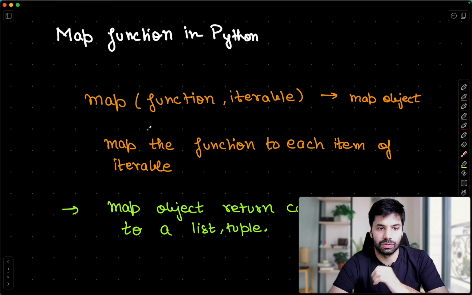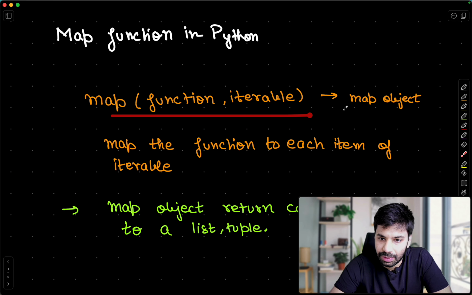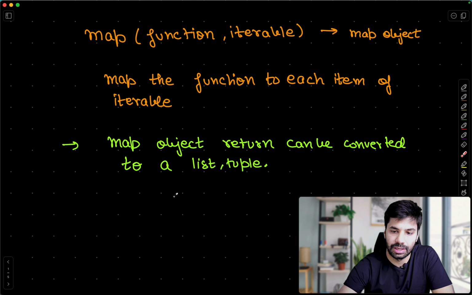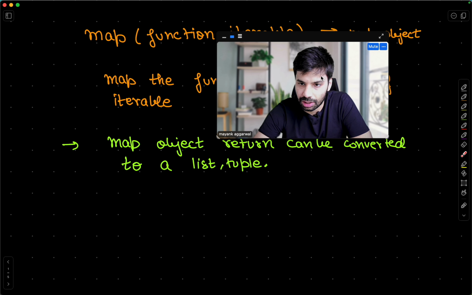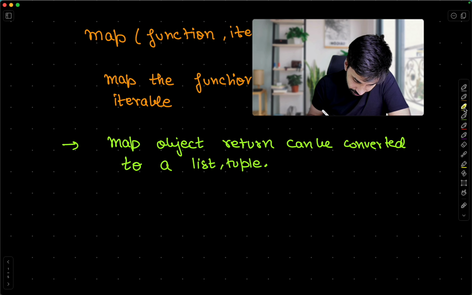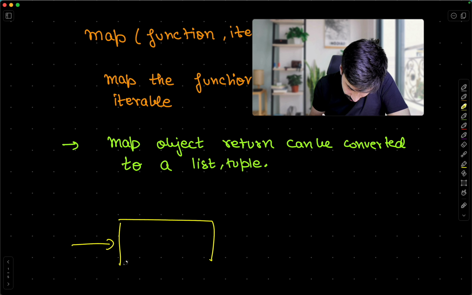So let us see the notes once. Map function, iterable, map object it returns, maps the function to each item of the iterable. Okay, the map object returned can be converted to a list or tuple. Let me just draw it a little bit nicely so that you understand and your notes are also on the same line. So what it effectively says is that, let's say you have a map function.